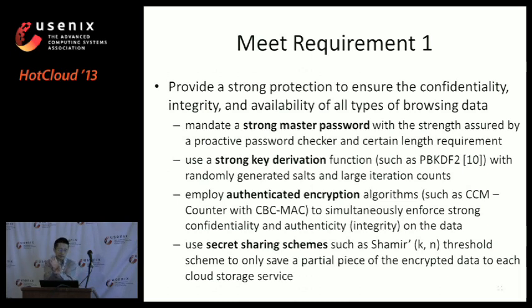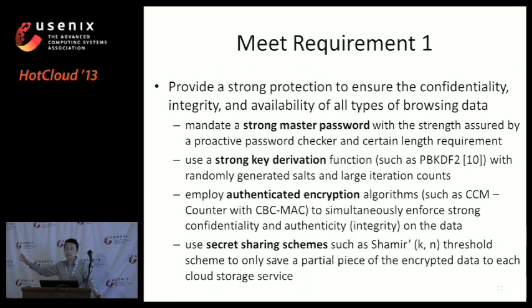The last one is that the ciphertext will be divided into multiple pieces, for example 1, 2, 3, 4, 5, and then we will use secret sharing schemes, for example Shamir's k-n threshold scheme, and save each individual piece to one particular cloud storage service provider.